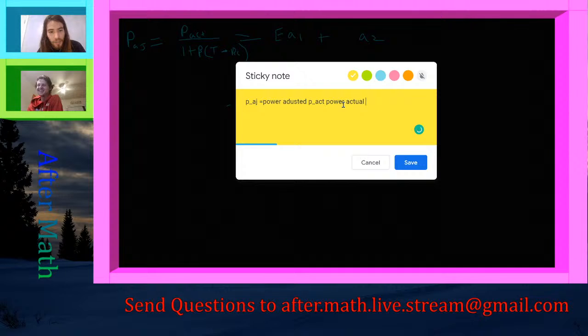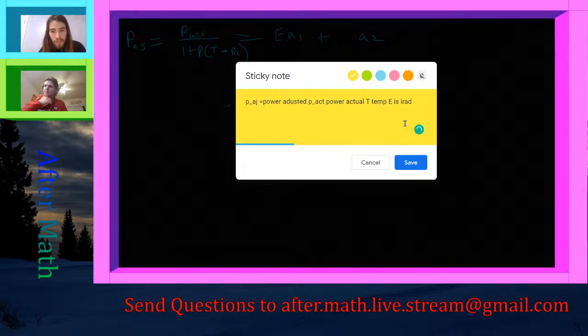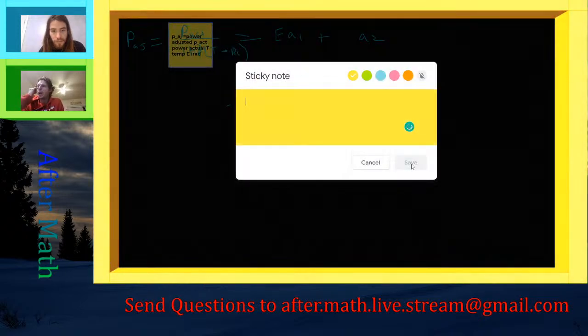And then we got T is temp, E is irrad. And RC and beta are just constants.